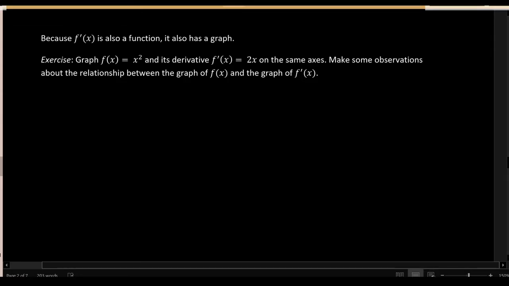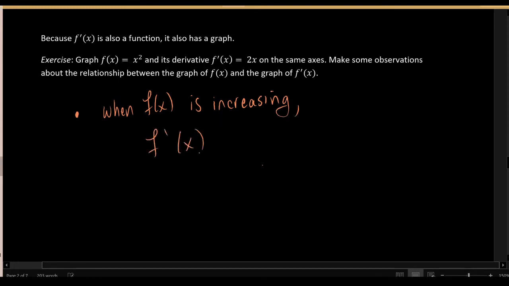So to summarize some of the observations that we made, one observation is that when f of x is increasing and tilted upward, f prime of x was positive. The y values on the graph were positive.